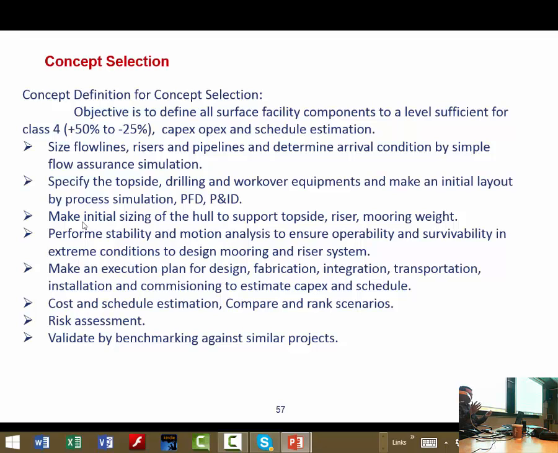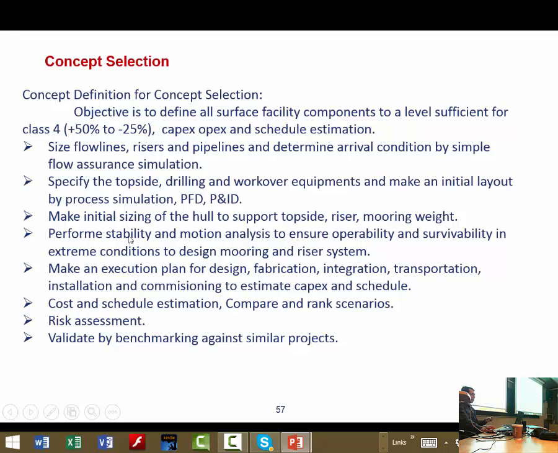I mean, if your offloading system is not pipeline, it's just by shuttle tanker, you can estimate what is the required storage capacity. And based on that, you make initial sizing of the hull to support topside, riser, mooring weights, and also required storage. And you make a stability and motion analysis and calculate the loads.